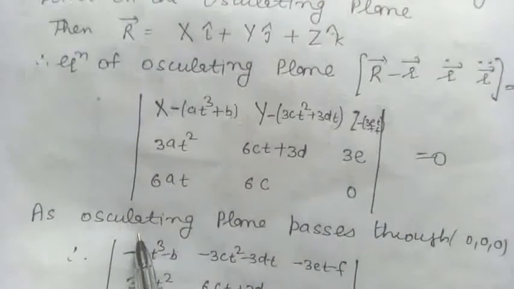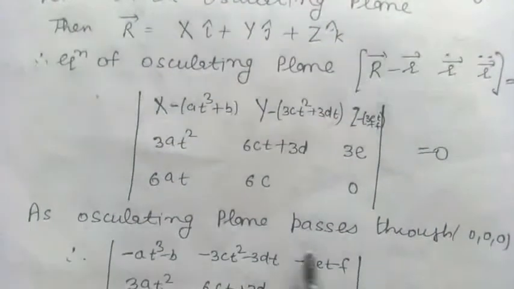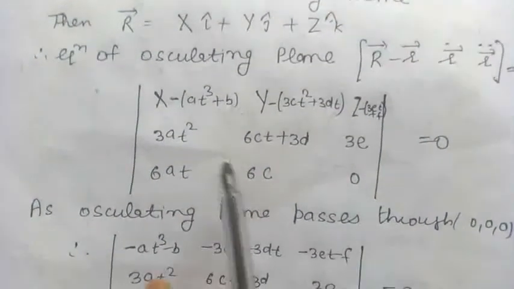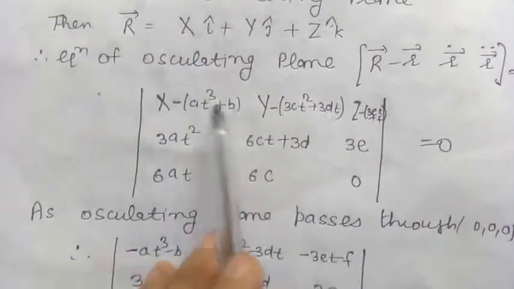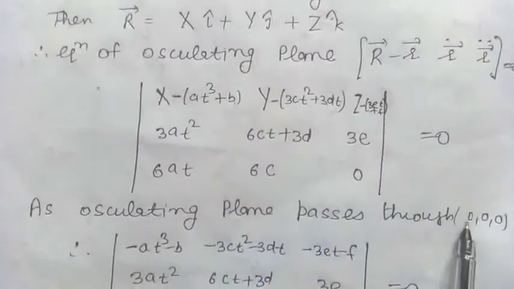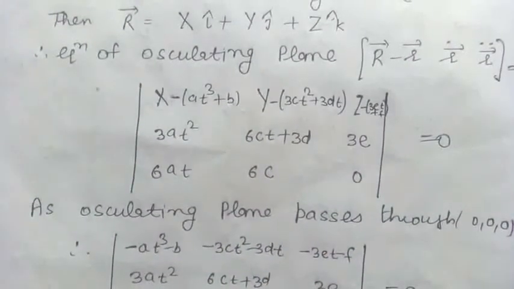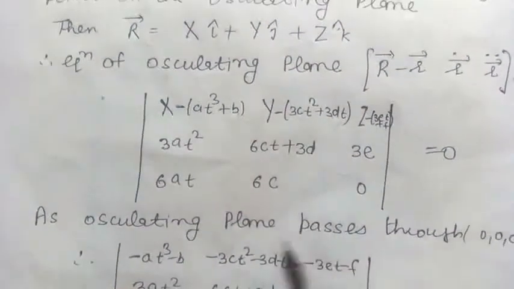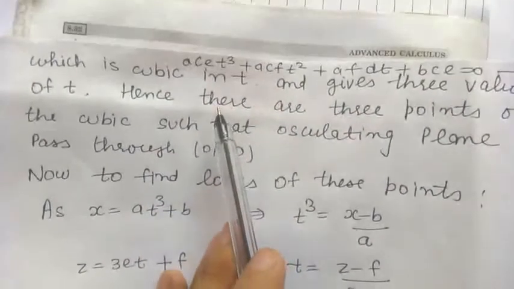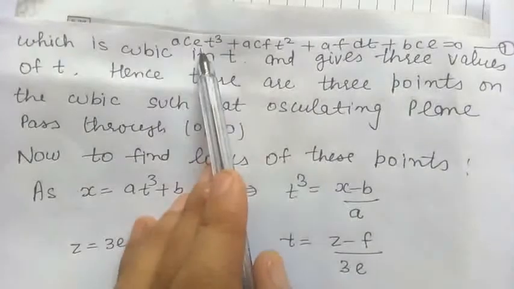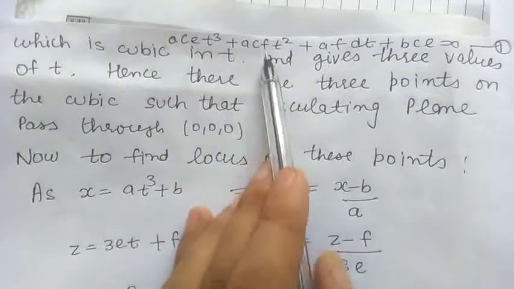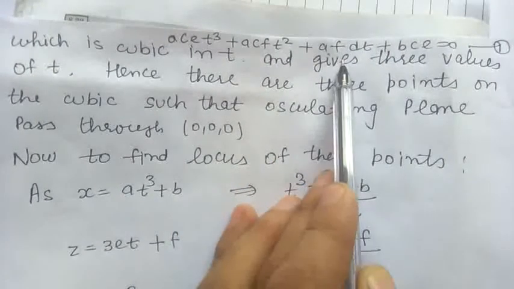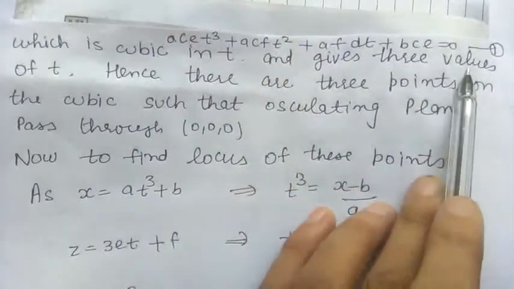Now we are given the condition that the osculating plane is passing through the origin, so we can substitute x, y and z as 0. So we have substituted x, y, z equal to 0 here, and we have obtained this equation. Now solving this equation, we get a cubic equation in t, which is given by ace t cube plus acf t square plus af dt plus bce is equal to 0.